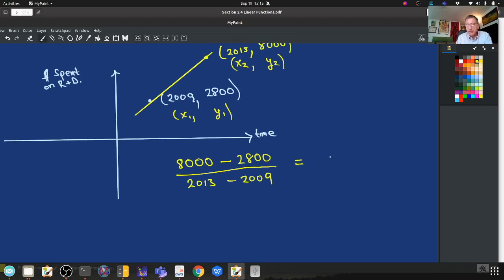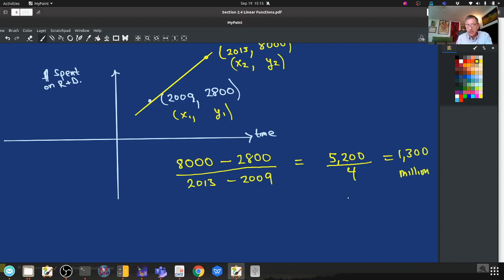That turns out to be 5,200 million, or 5,200,000,000 over 4, which turns out to be 1,300 million.